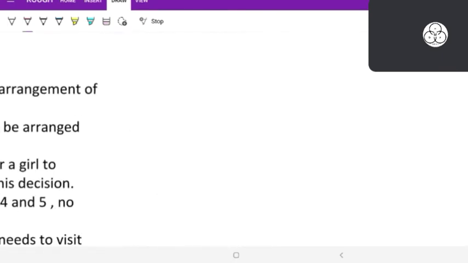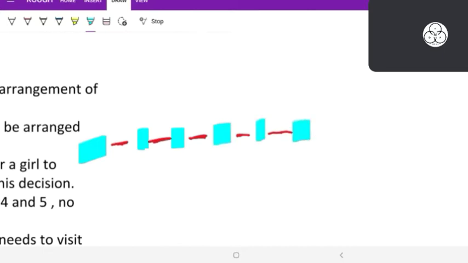P blue books, Q red books are there. In between the red books, we are going to place the blue books. So these are the spaces for the blue books.